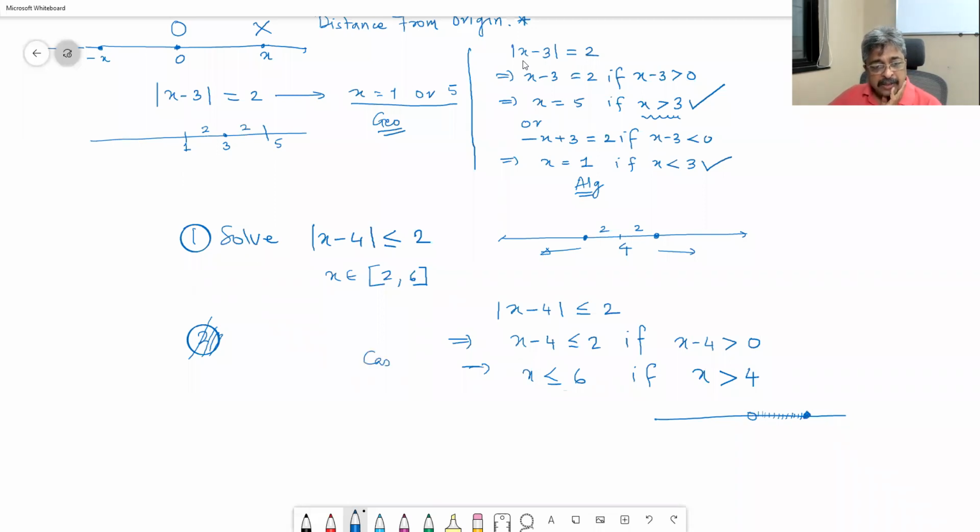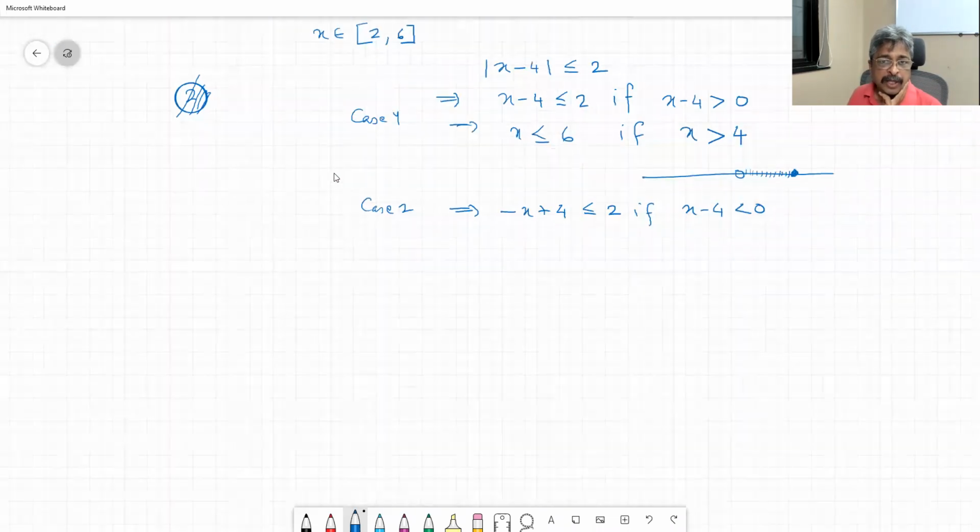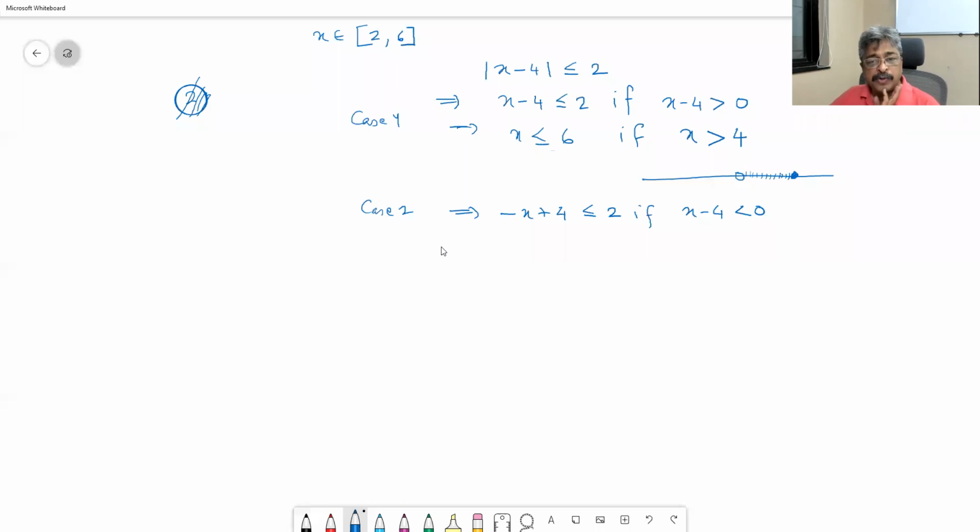This is case 1. Case 2 implies the opposite of x minus 4 is less than or equal to 2 if x minus 4 is less than 0. Correct? So solving the inequality, we are good at inequalities now because we have learned them. x goes to the other side, 2 comes to this side.